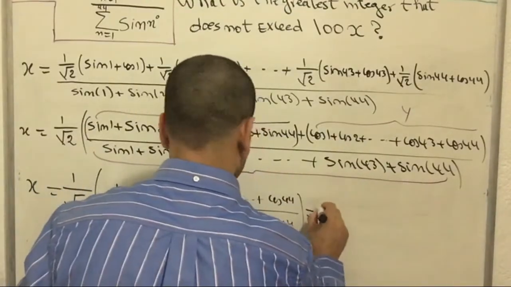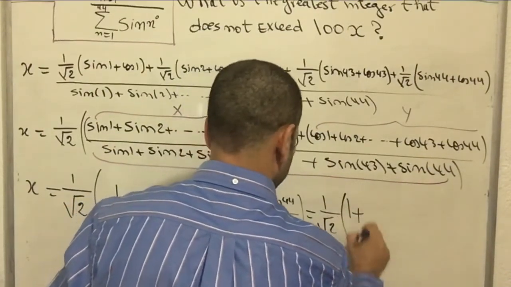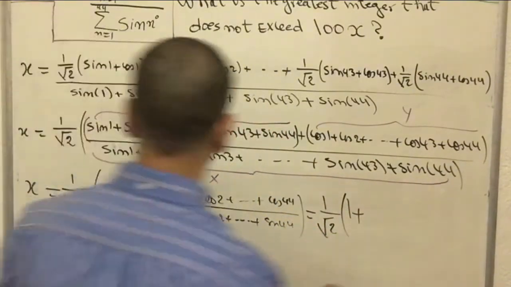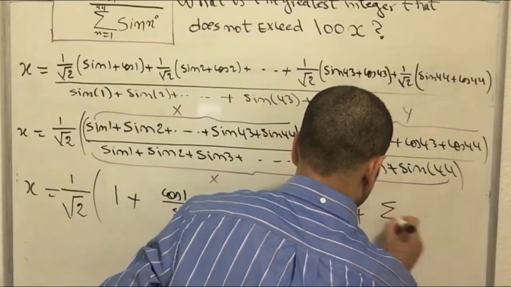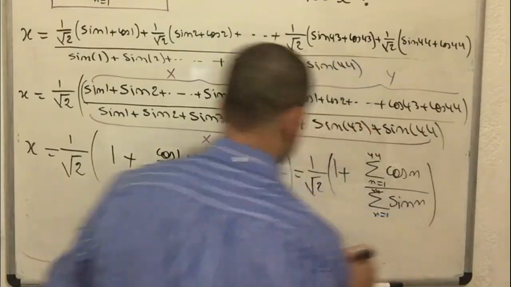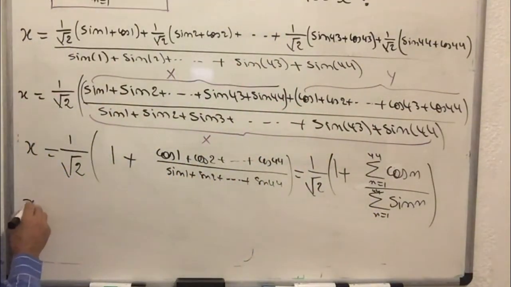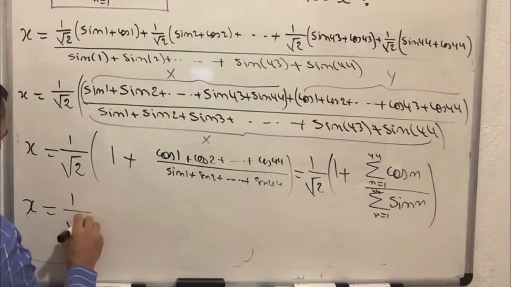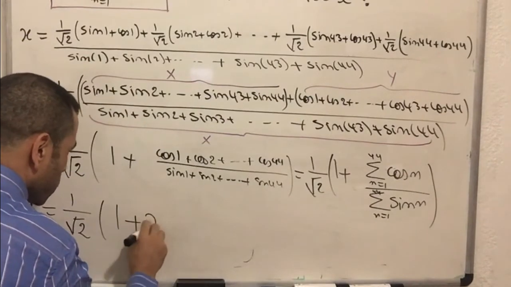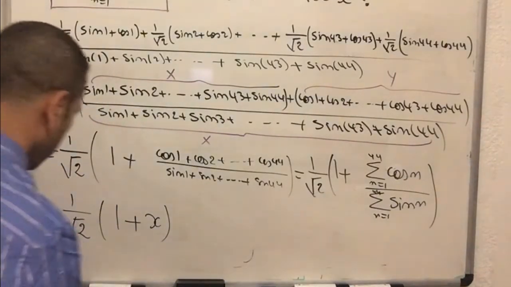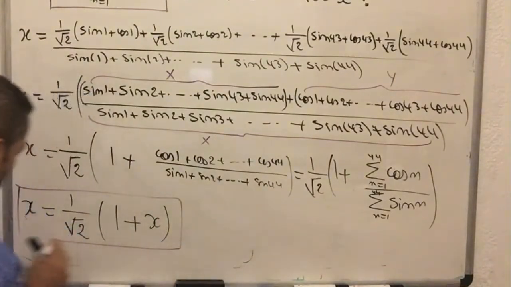So here we put 1/√2. This is 1. What is this? This is what I'm looking for, the sum of 44. What is this? It is x. So x equals 1/√2 multiplied by (1 + x). I'm going to find x now by solving the equation.